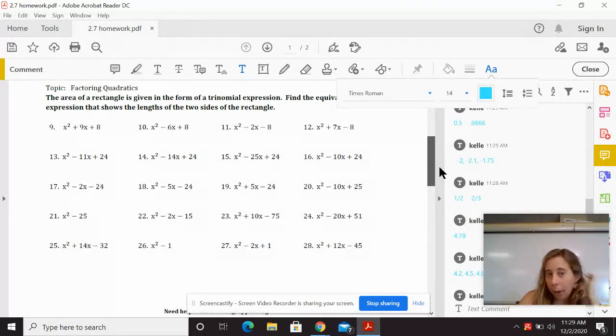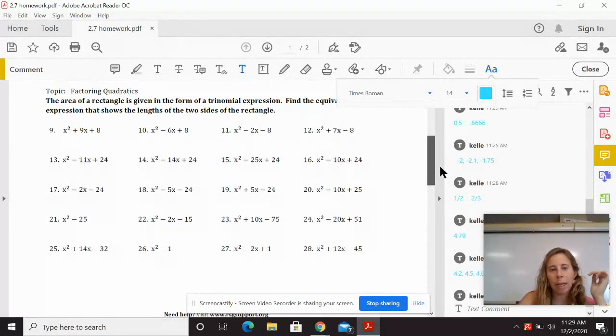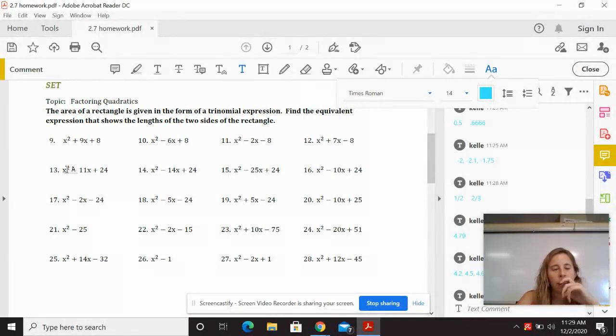Factoring quadratics. Okay, so this is what we were doing in class today. I think we already did number 9. There are so many of them. Let's do 18. So, remember, you're looking for 2 factors. This is going to be x.